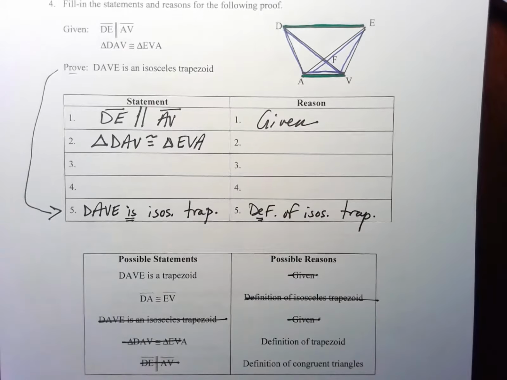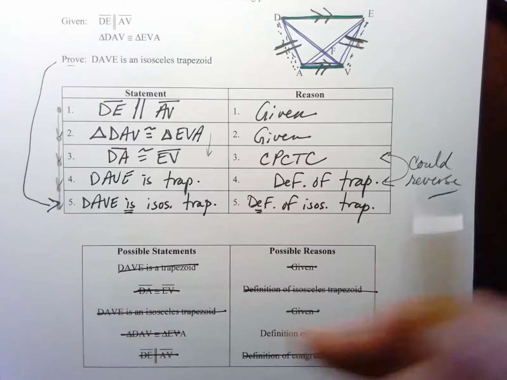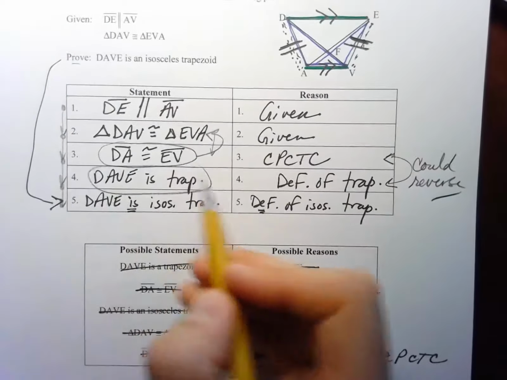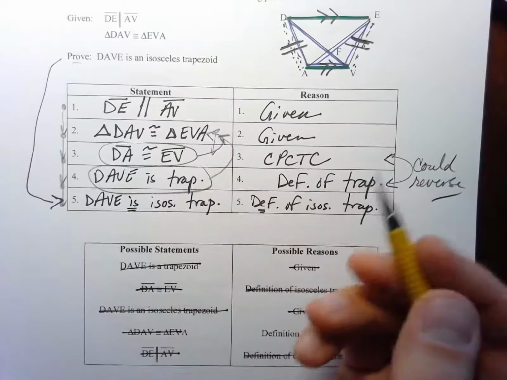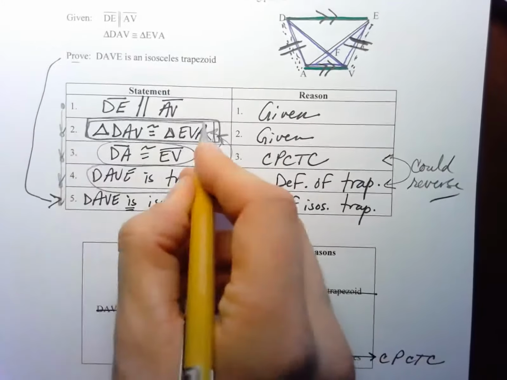And you know, it's something like this. You could really even reverse these two steps. It just depends on how you want to do it. You can do it either way, because this step is based off of there, but so is this step. It's based off of there, so it really doesn't matter which one you do, because they're both coming off of that piece of information right there.